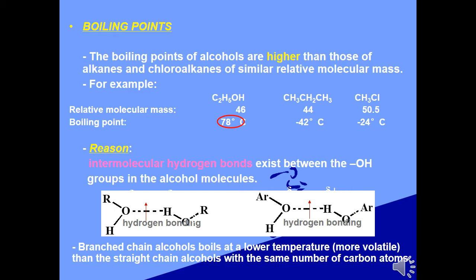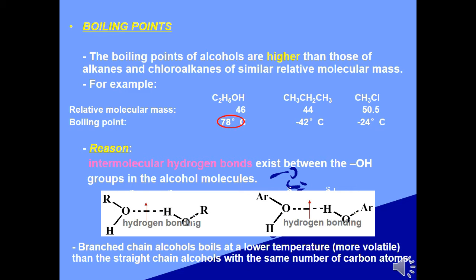Third is CH3Cl, relative molecular mass is 50.5, boiling point is negative 24 degree Celsius. Okay, reason is intermolecular hydrogen bond between the OH groups in the alcohol molecules.